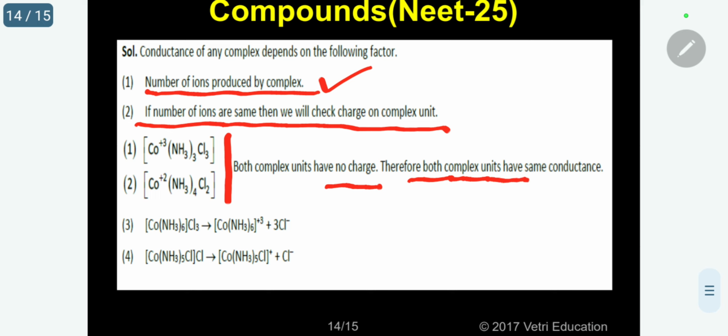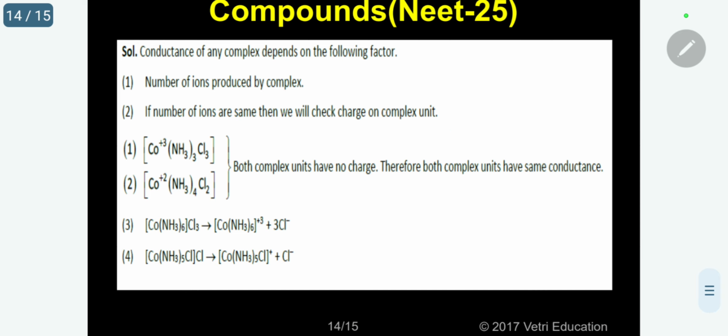Therefore, both complexes have the same conductance. Outside the sphere, nothing is there. Coming to the third one, 3 Cl outside, and here 1 Cl. So as I told you, outside the coordination sphere, if the number of ions is more, it will show higher conductance; low number, low conductance.